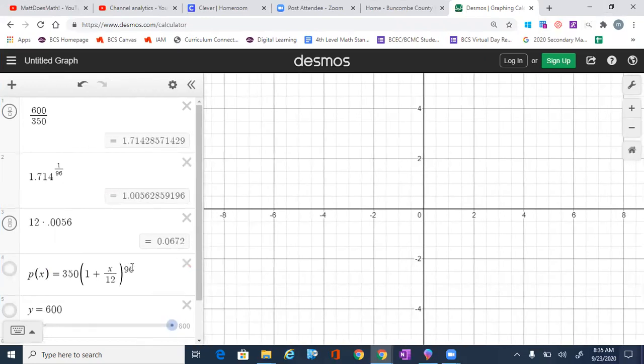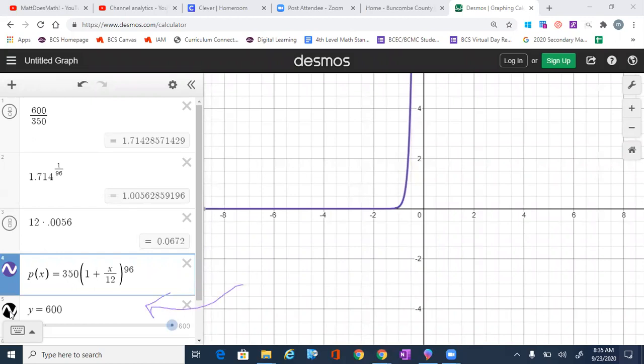One of the hard parts is just making sure that you get that exponent in there as 96 to make sure it verifies. Once we have that, we'll turn that graph on. I'll put the y equals 600 value in there, and then we are going to look for the intersection. Our value is somewhere around 600 on the y-axis, which is right there. We can see that y equals 600.